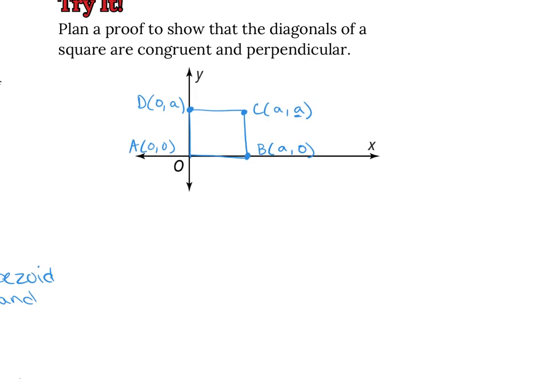All right, so then to plan our proof, the first thing we would want to do is to use our distance formula to find the length of the diagonals and show that they're equal to each other. So we would want to try to prove that those diagonals are congruent and equal to each other. So we would use the distance formula to prove that.